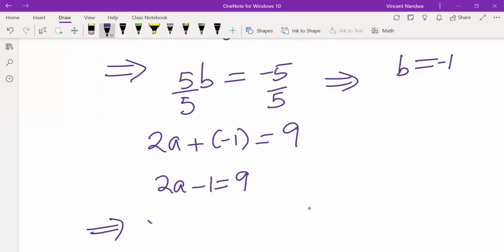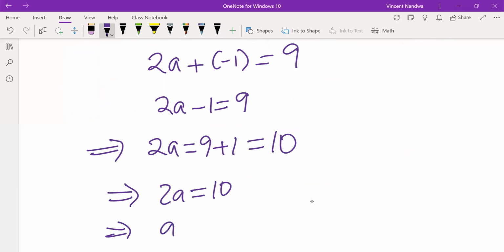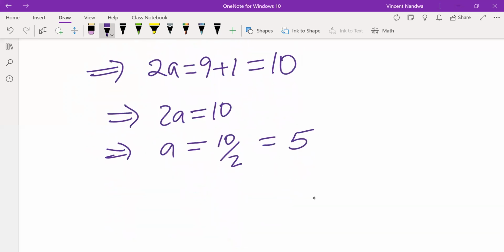So which implies 2A equals 9 plus 1, which is 10, which means A equals 10 over 2, which is 5. So A is 5 and B is minus 1 are the solutions of that given question.